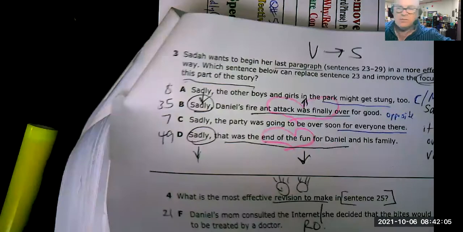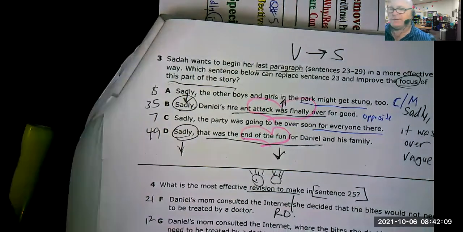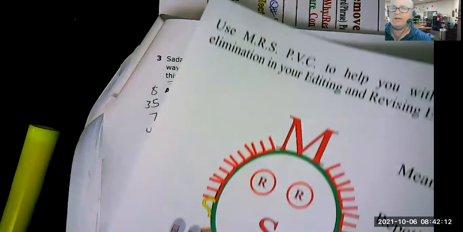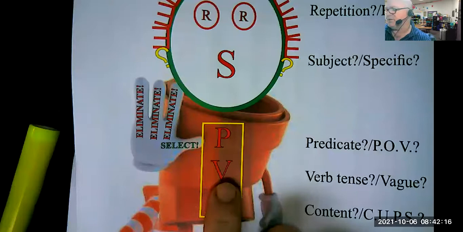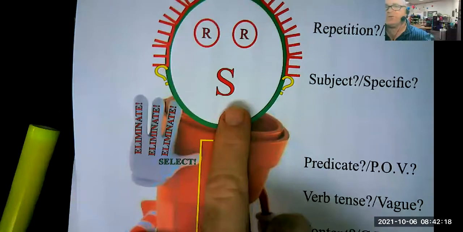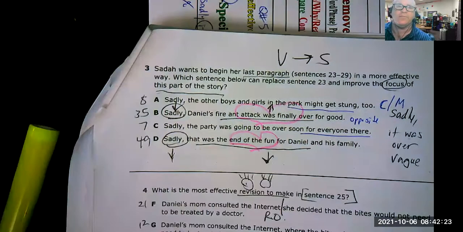Him over here. Oh, it's right here. Remember that we're going to take anything that's too vague and remove it and replace it with something that's more specific. Okay, so let's take a look at letter number 3.